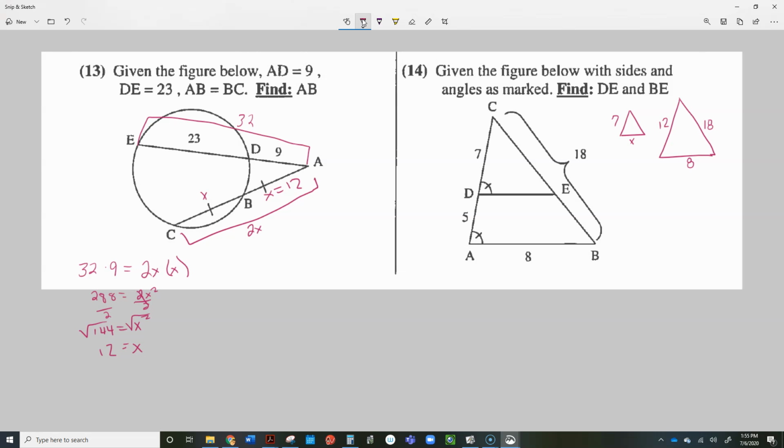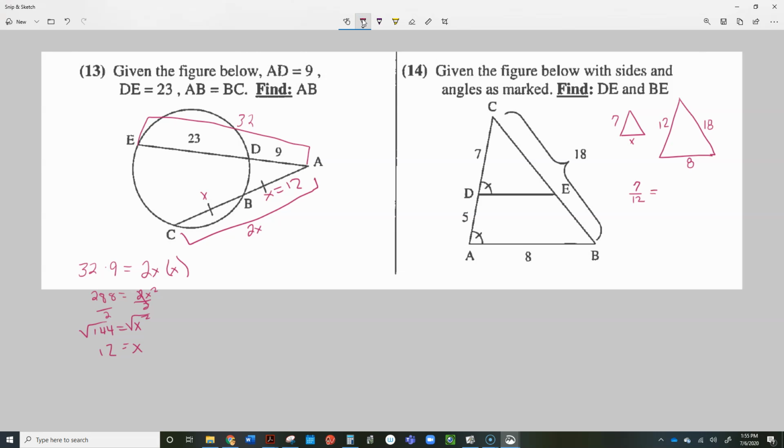Because they want me to find DE, and DE is not a transversal, so I have to do similar triangles. So my scale factor right here is going to be 7/12, because I know 7 from the little triangle corresponds to 12 from the big triangle, and I don't think it reduces.